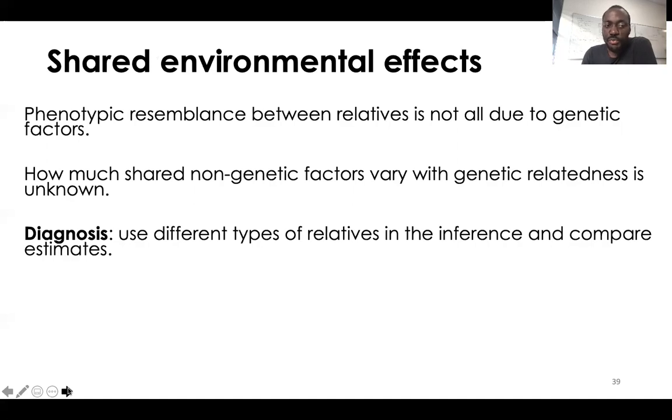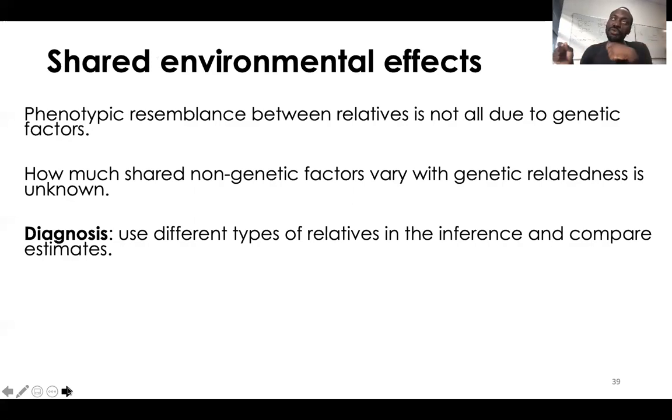So there are different ways we can diagnose that bias. One possible way is to look at estimates of heritability based on different combinations of the relative types we have in the sample. So we can, for example, run one analysis with MZ or monozygotic twins and DZ or dizygotic twins, and just get an estimate of heritability.